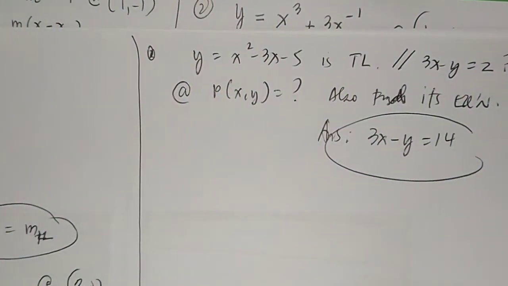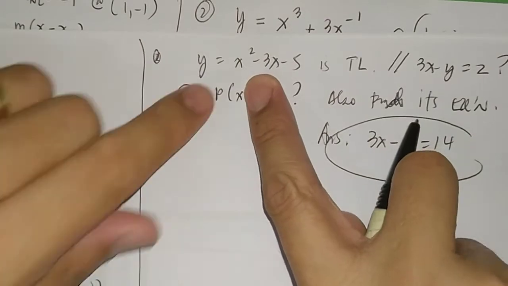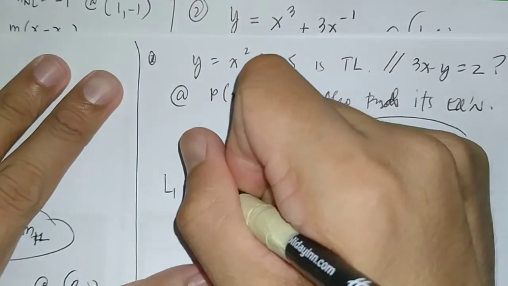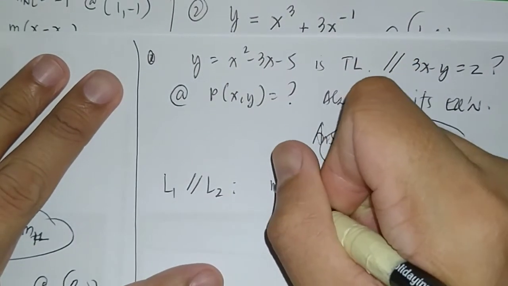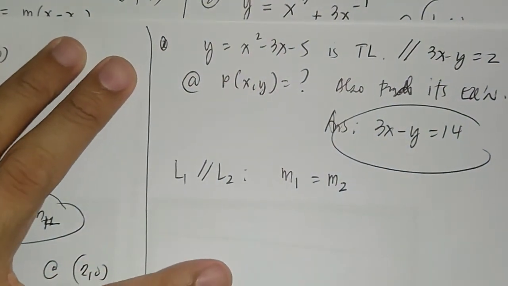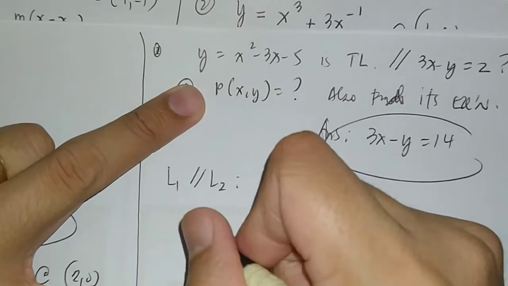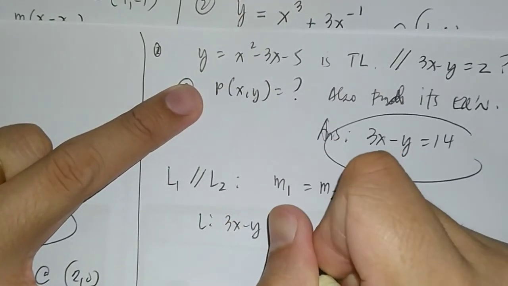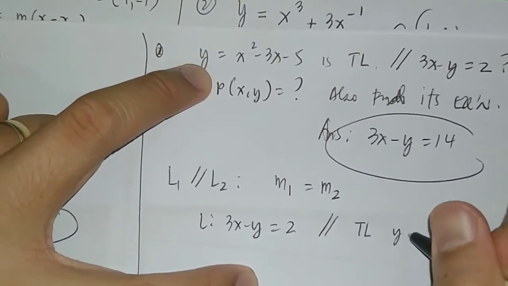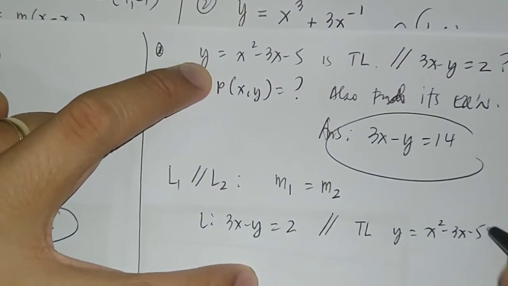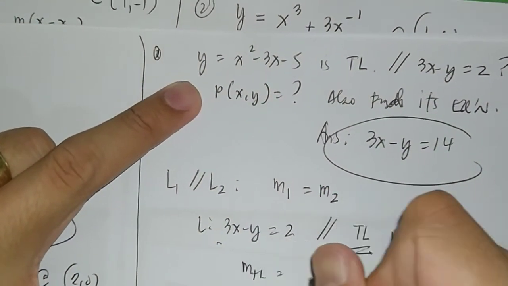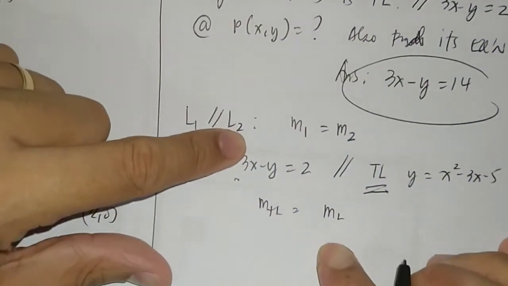Okay, so the question is, find the point at which this tangent line is parallel to this one. We all know that when line 1 is parallel to line 2, their slopes must be equal. So slope m1 is equal to m2. It is said that the line given, which is 3x minus y is equal to 2, must be parallel to the tangent line to the curve y is equal to x squared minus 3x minus 5. If this tangent line is parallel to that, therefore the slope of the tangent line is equal to the slope of that particular line.